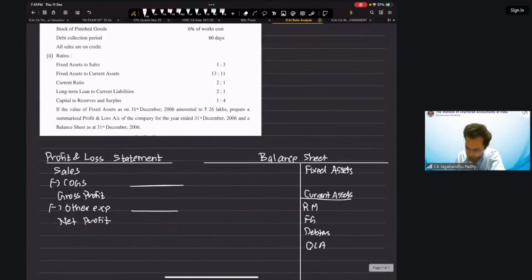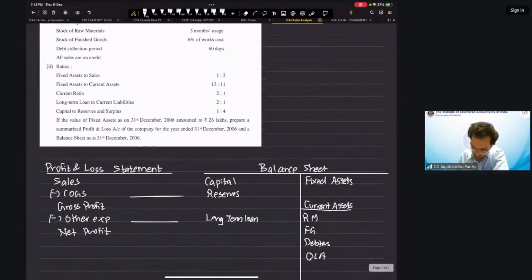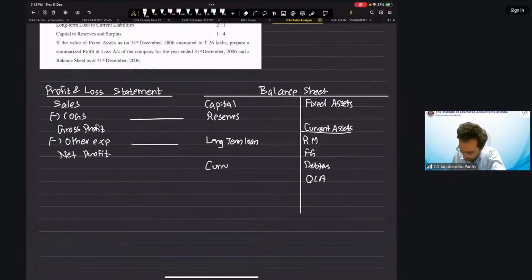Then on this side, we have the capital, reserves, long-term loan, and then we'll have current liabilities. So this is the balance sheet and P&L format, guys.